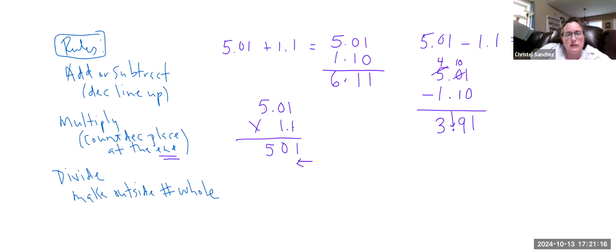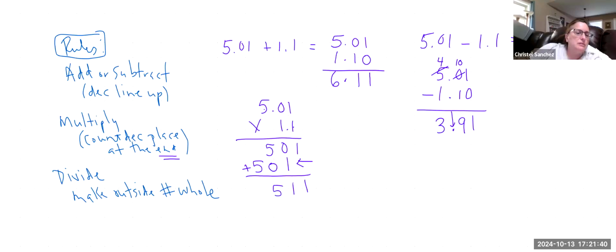So 1 times 1 is 1. 1 times 0, 0. 1 times 5 is 5. And now we're just going to add. So this is going to be 1. 0 plus 1 is 1. This is going to be 5. And this is going to be 5.